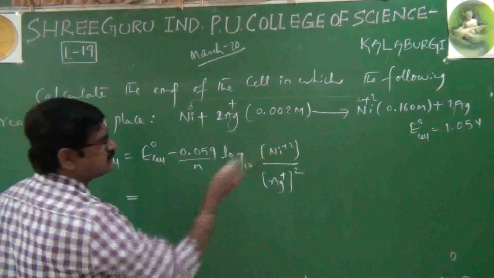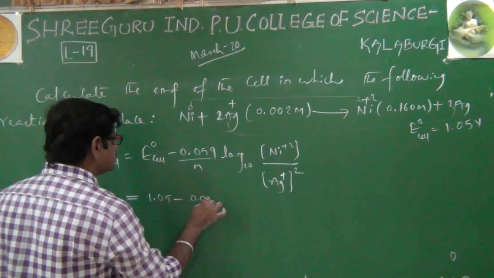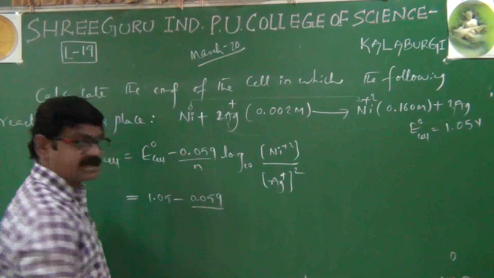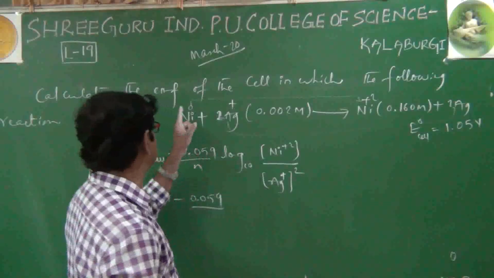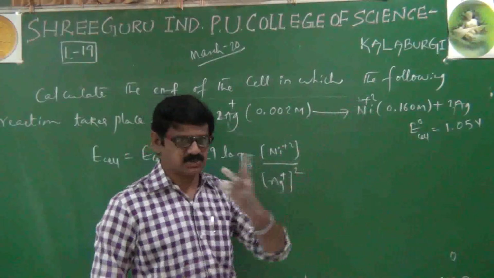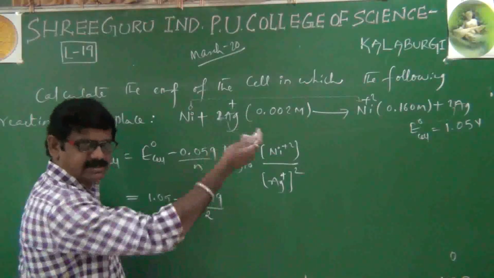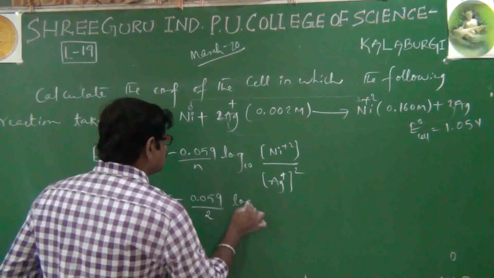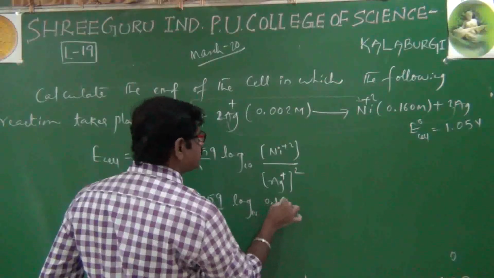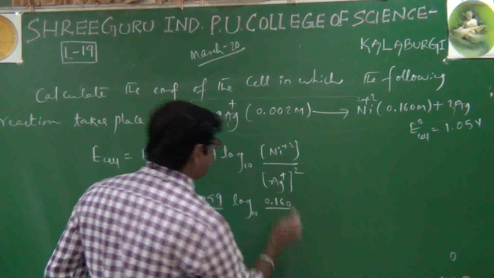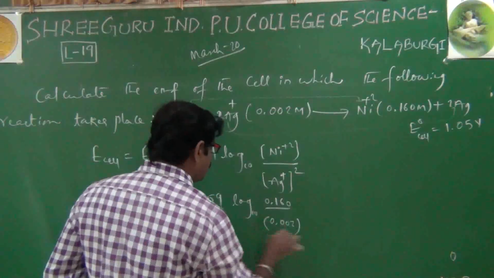E naught cell value is 1.05 minus 0.059 by n. How many moles of electrons are involved in this process? Very simple: 0 converted to plus 2, that's it, 2. No need to see other things. Then log base 10 of Ni plus 2 concentration, which is 0.160, divided by Ag plus, 0.002 whole square.